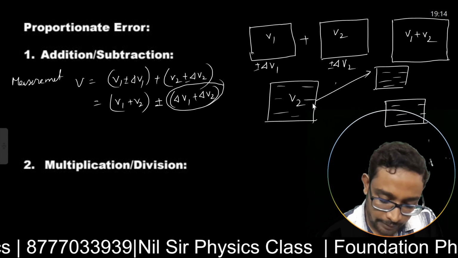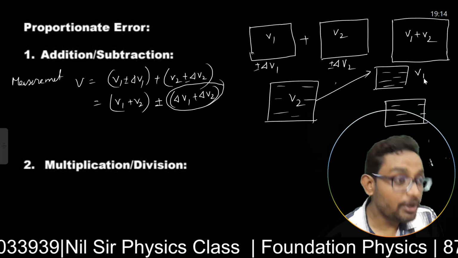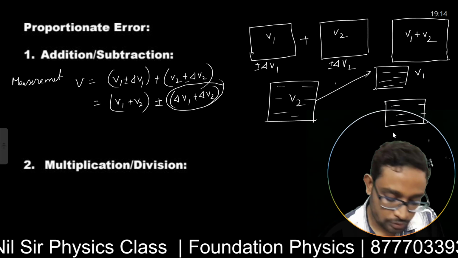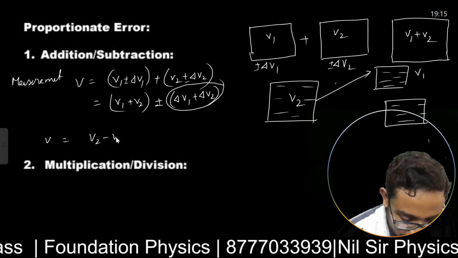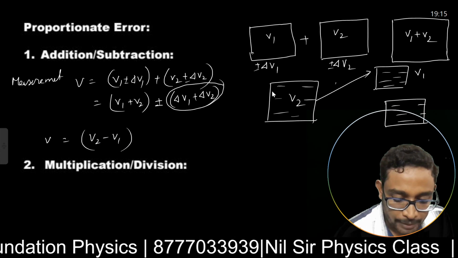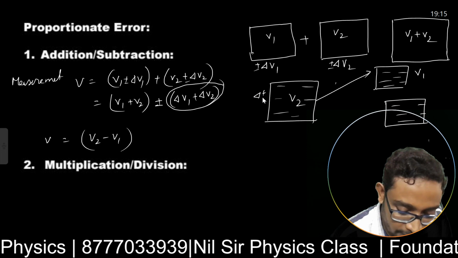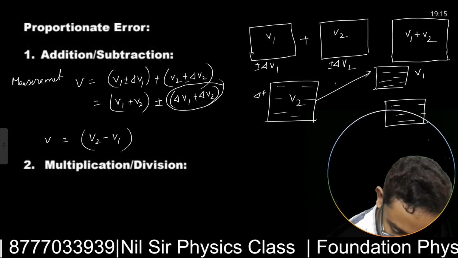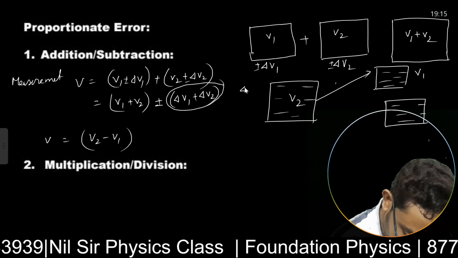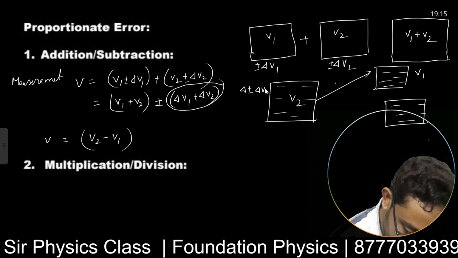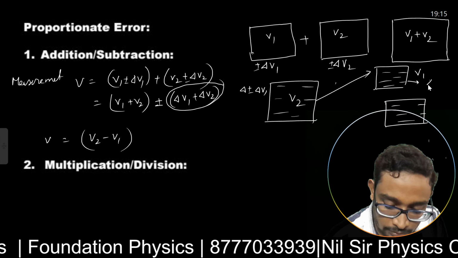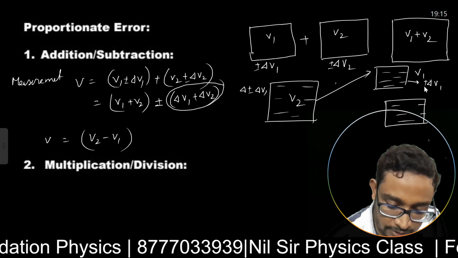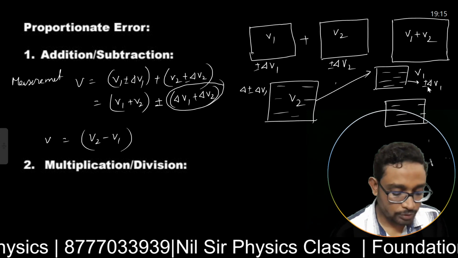So V must equal V2 minus V1, but you got the same result with plus or minus delta V. Here you got the error delta V1 plus or minus. So what will be your new volume?